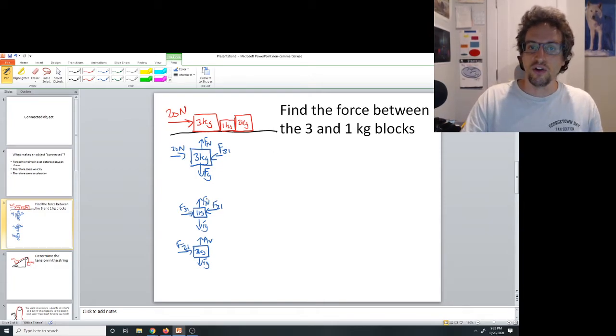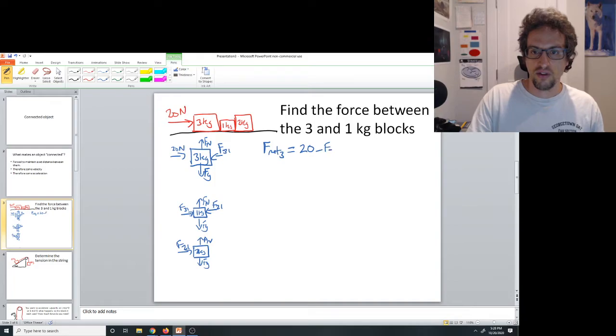We're not going to do the vertical part because the vertical part's always going to add up to 0. They're not moving up and down. So normal force equals Fg, normal force equals Fg, that's all we get out of it. But we can set up F net equations in the horizontal direction. So F net 3 is equal to 20 minus F31, right?